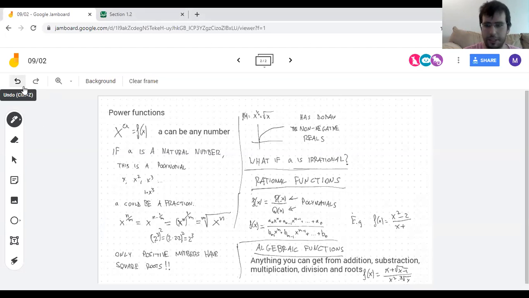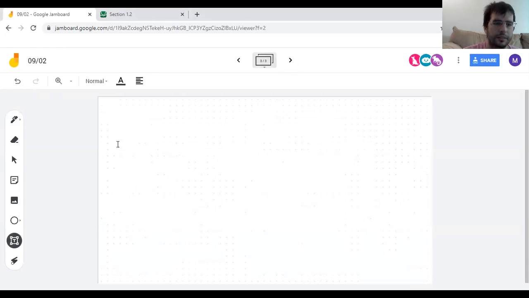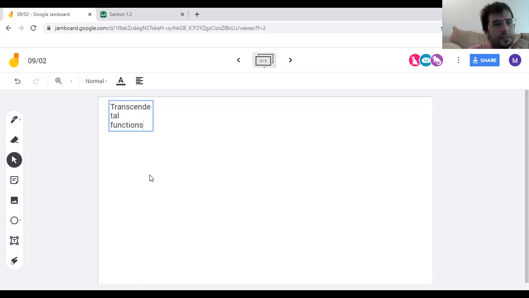Also, trig functions, exponentials, logarithms, people call these transcendental functions. It's a more common term. I know how to spell that. Is there an N in there? Oh, there's an N in here. Pretty sure it's like this.